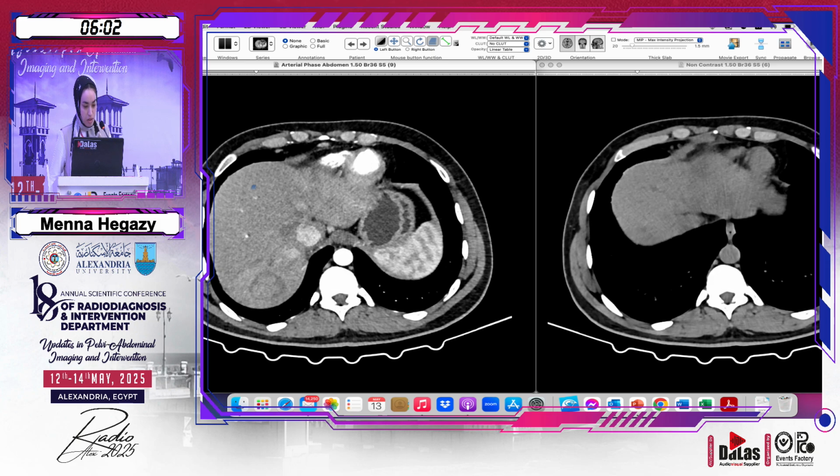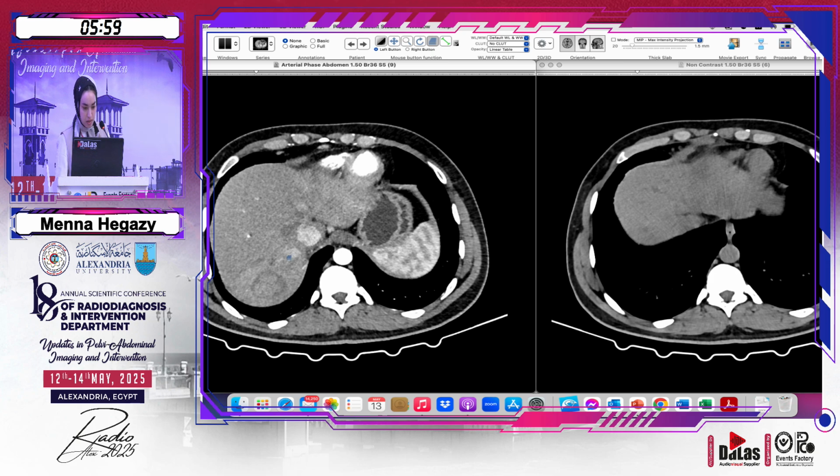As you can see, it shows multiple focal hepatic lesions, showing no specific pattern of enhancement.